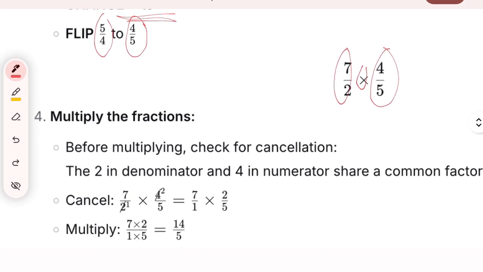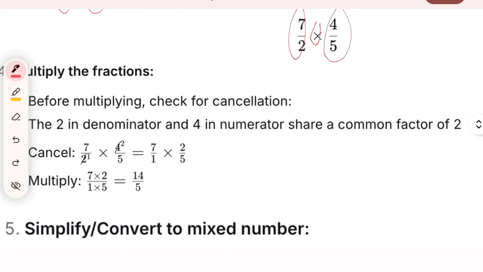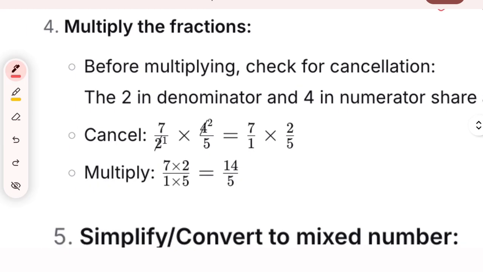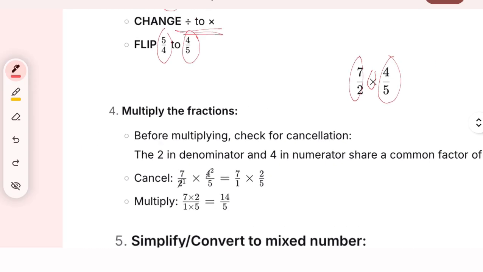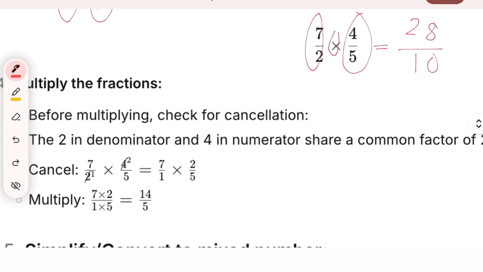Now that we have multiplication of fractions, we multiply both. You can actually multiply immediately, so here you can multiply like 7 times 4 is 28 over 10. So that could be an answer, 28 over 10.